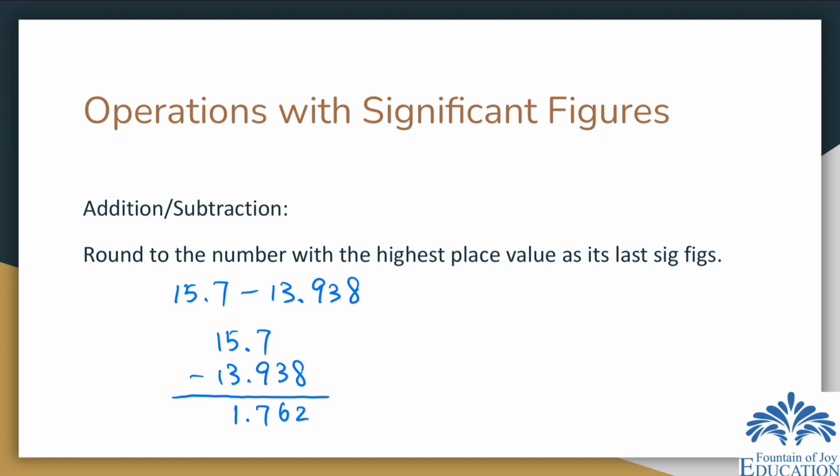To determine the number of sig figs we have for our final answer, again, we need to look at the last sig fig and to find the highest place value. And it's easy to see this one as well. The 7 is the last sig fig with the highest place value here on the 10th.